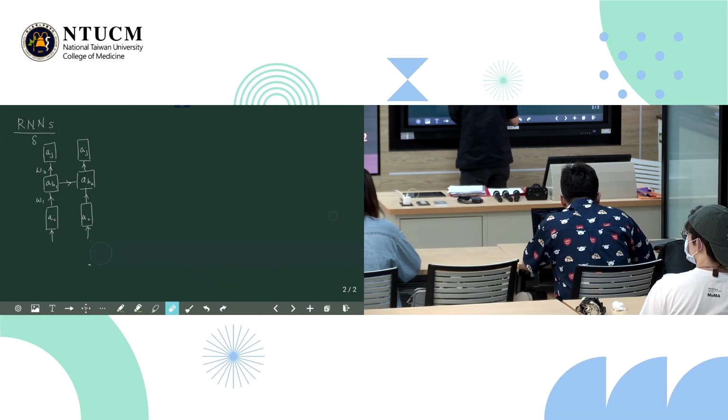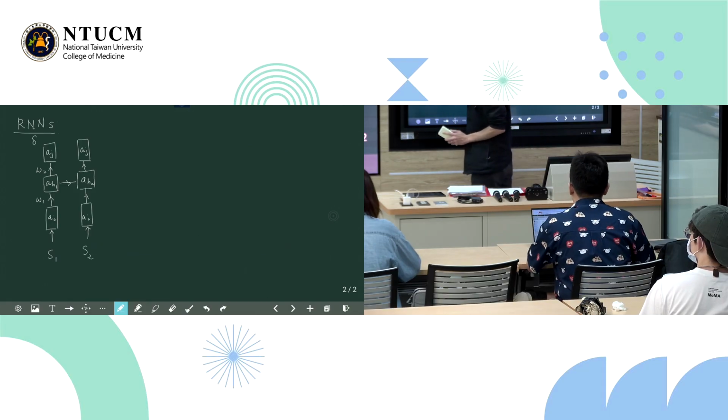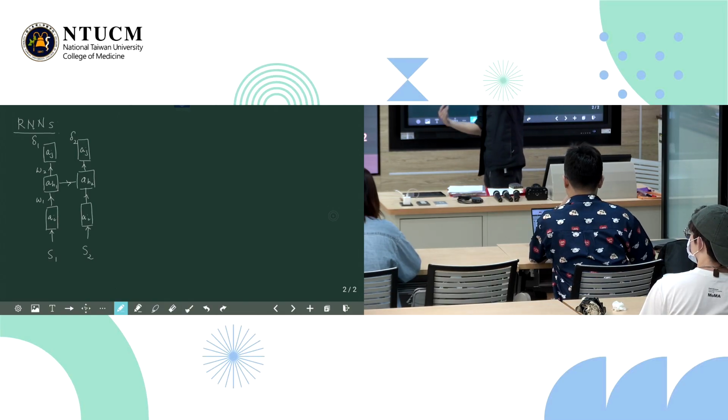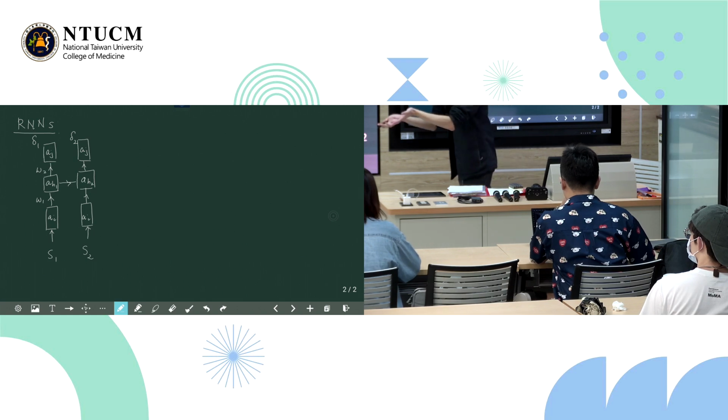Let's not have the S. Let's not have the in at all. Let's just say that this is stimulus 1, stimulus 2, delta 1, delta 2, so to speak. And again, you have the corresponding weights. It's the same network. So the recurrence is that you have the same network, but you carry over the weights from the previous instance, and it affects those weights for the next instance.